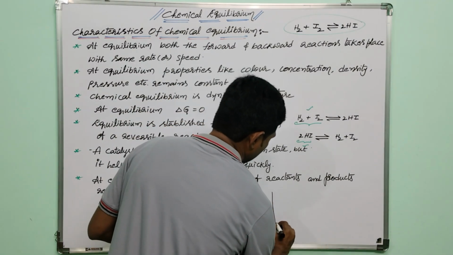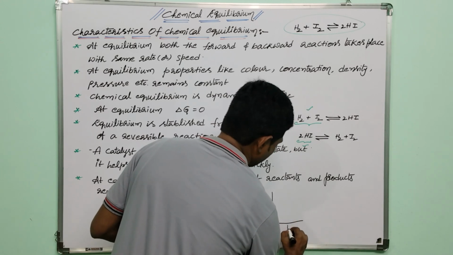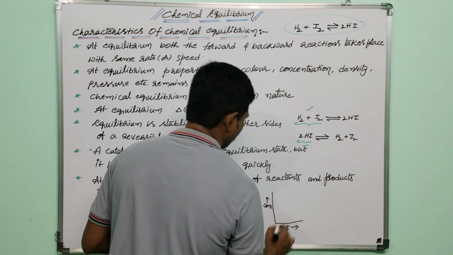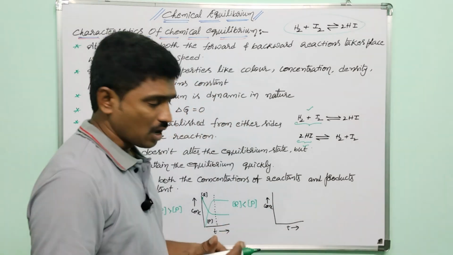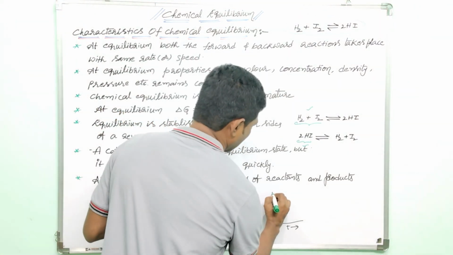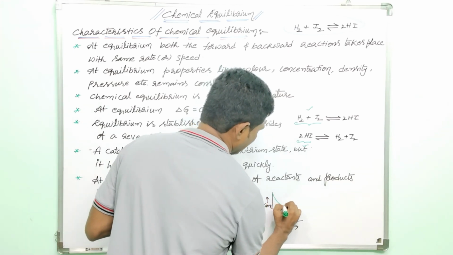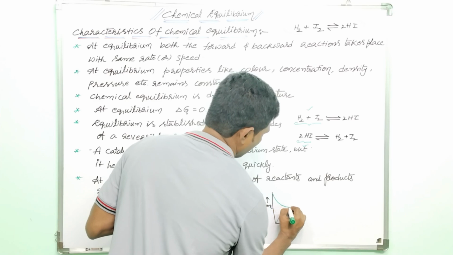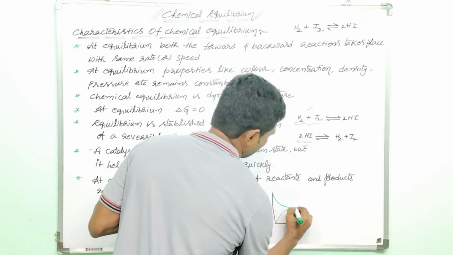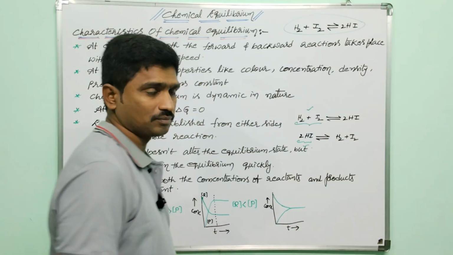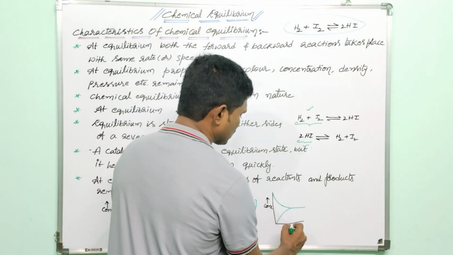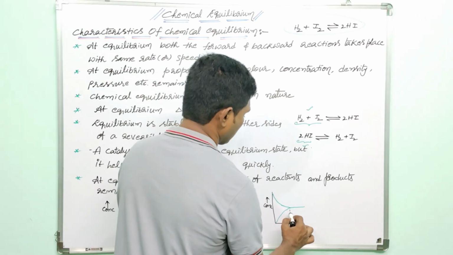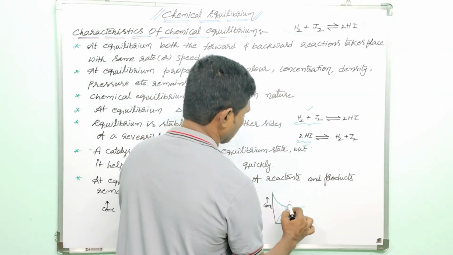And similarly, take time along the x direction and concentration along the y direction. Obviously, as the time progresses, the concentration of reactant decreases and the concentration of products increases. After some time, both of the concentrations remain constant. This is the state at which an equilibrium is established. Here both of the concentrations are constant.